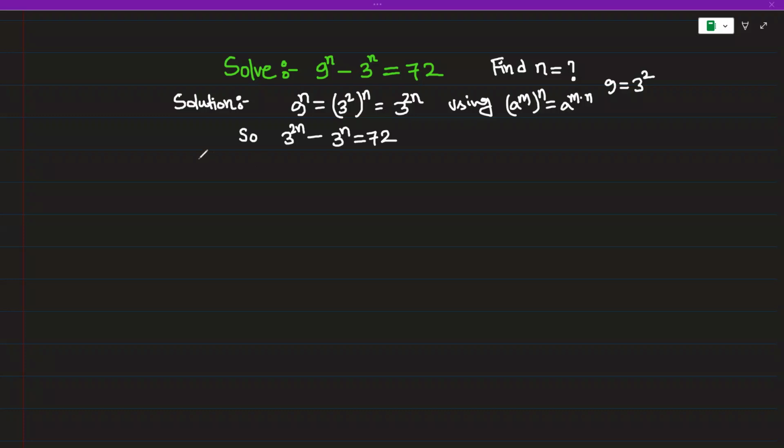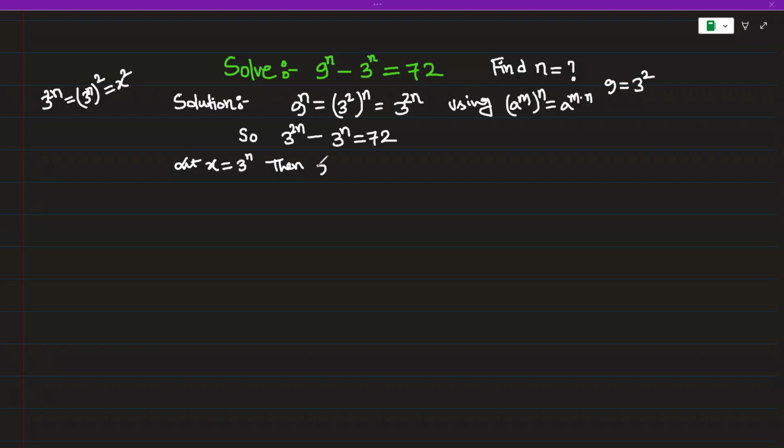Let's assume x equals 3 power of n. Then 3 power of 2n equals 3 power of n power of 2, which is equal to x power of 2.